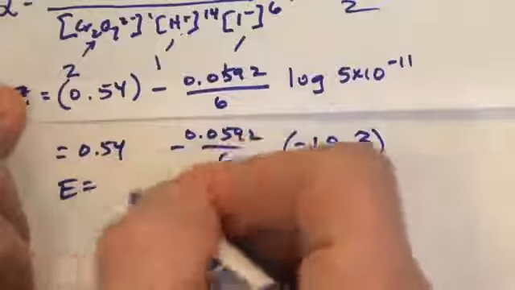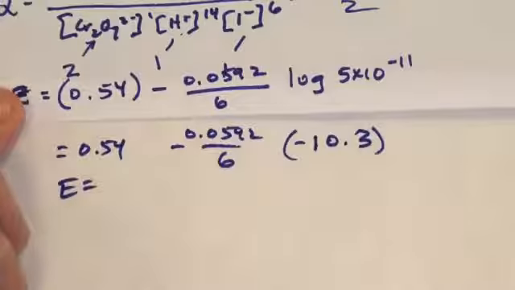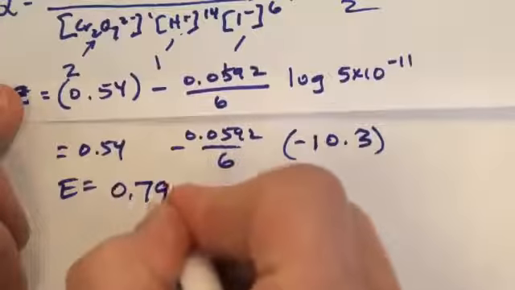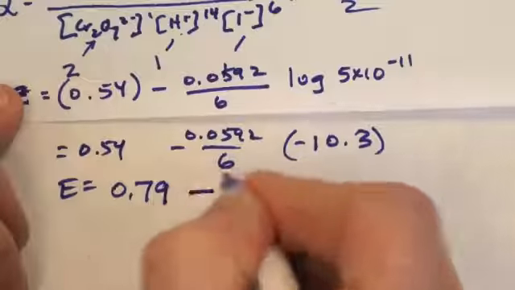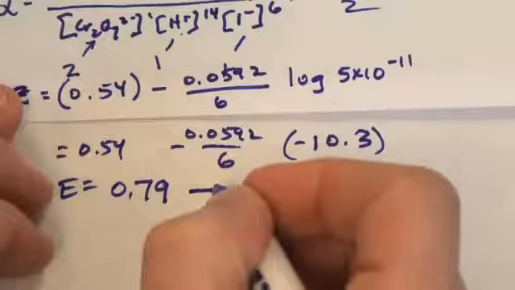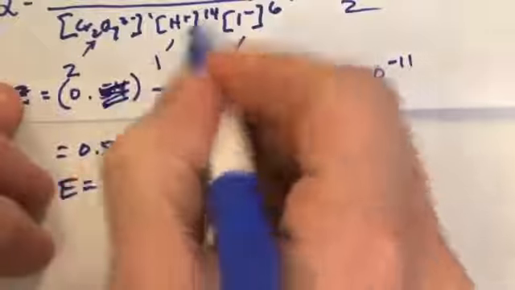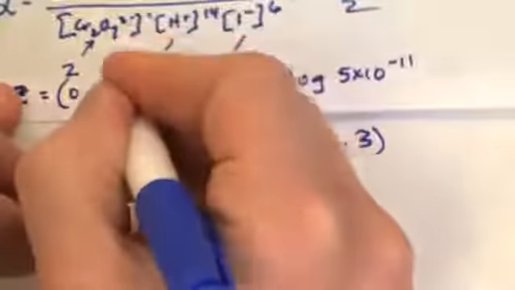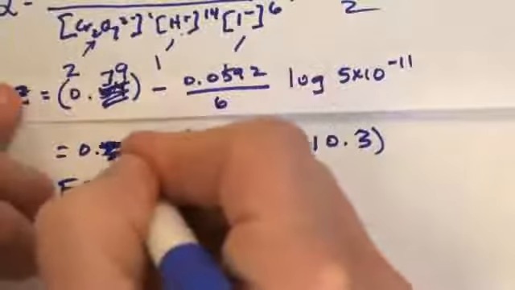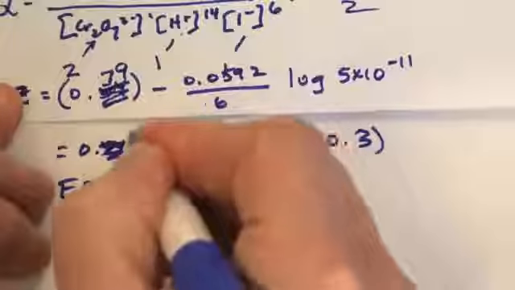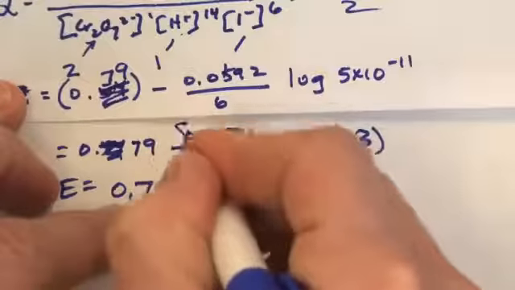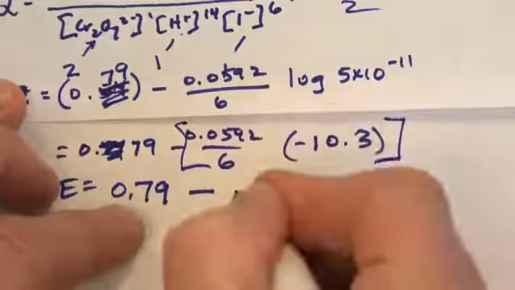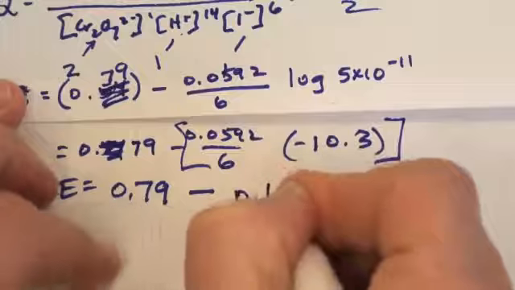And so my EMF of my cell at these non-standard conditions turns out to be 0.79 minus, whoops, I put 0.54 in here. I didn't mean to do that. Sorry, 0.79 was the standard reduction potential of the cell at standard condition. 0.79 minus this stuff right here, which turns out to be about 0.1.